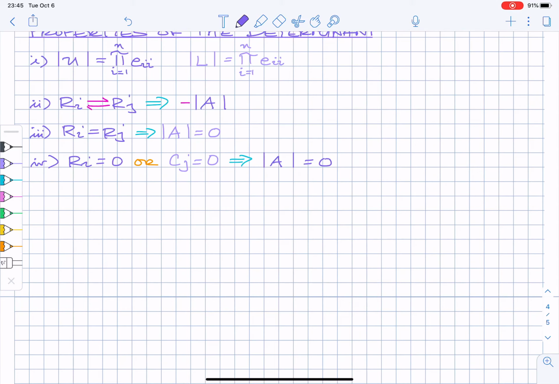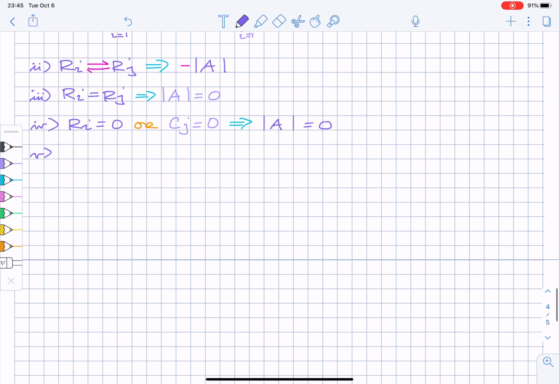Okay, the next property, number 5. The determinant of the inverse of a matrix, A inverse, is just 1 over the determinant of matrix A. It's literally that easy.